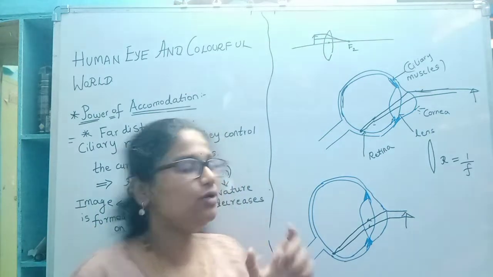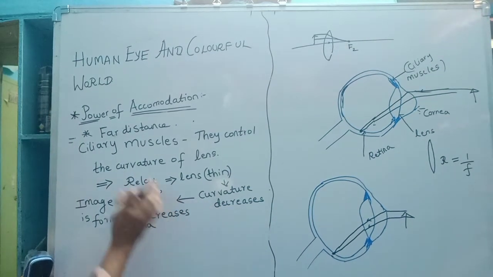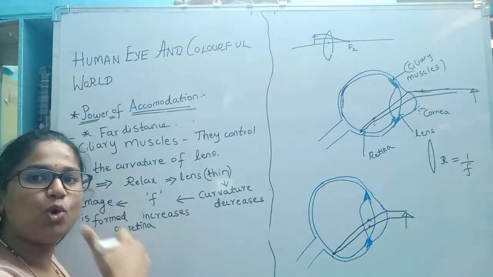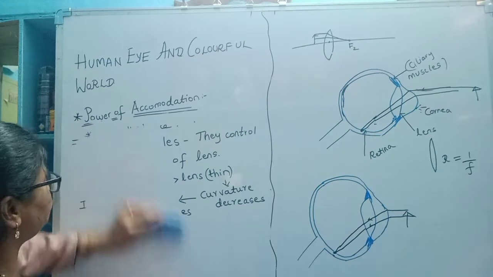This term is there, no? The power of accommodation is defined as the ability of a lens to adjust its own focal length.